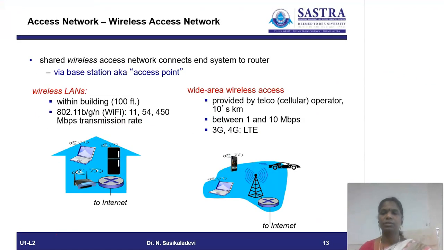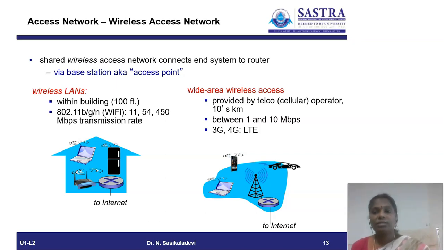I'll stop here. For residential access, we have three options: DSL, cable TV, and fiber to the home. For institutional access, we can connect your Ethernet LAN with a public network, and a wireless LAN with a public network. IEEE 802.3 is one standard, and IEEE 802.11 is another standard for LAN to internet connectivity.